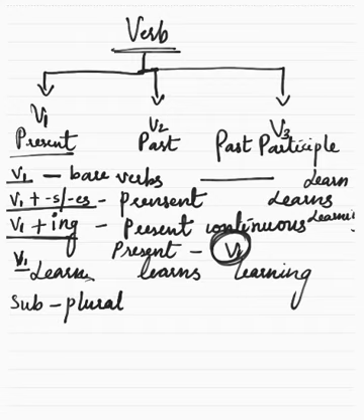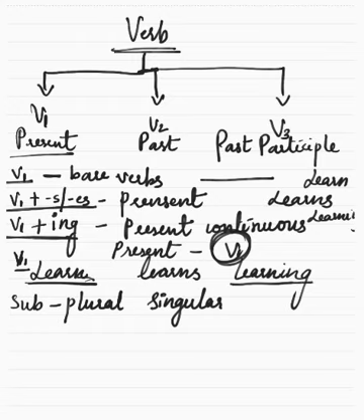When the subject is plural, we use V1, the bare verb, directly. When the subject is singular, we use learns. Irrespective of the subject, learning will be used for singular and plural.